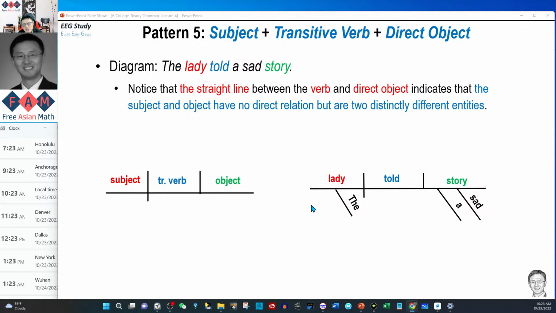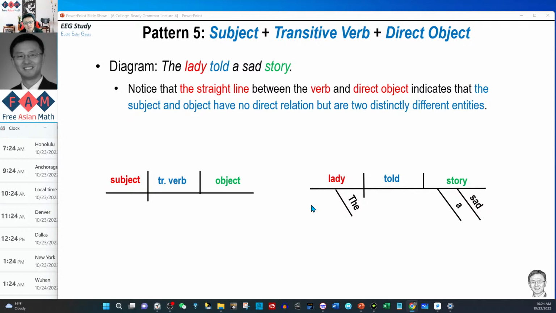You can think about logically, what is the relationship between the subject and the transitive verb? The subject is the performer or the agent of the action represented by this verb. And what is the relationship between the verb and object?